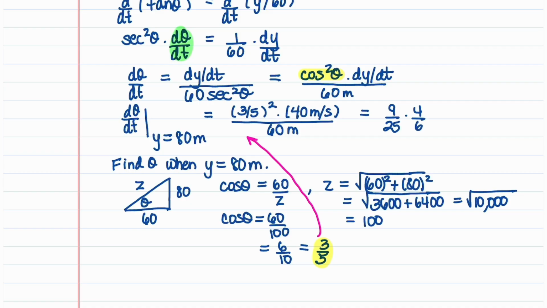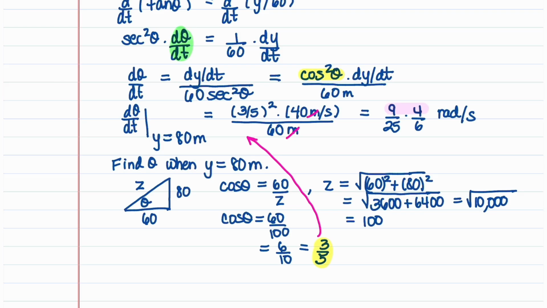Now, here is something super important. We have to think about units. Because theta is an angle, the rate of change of our angle is going to have units of radians per second. Because the meters here canceled out. Now let's see, we can go ahead and simplify this.